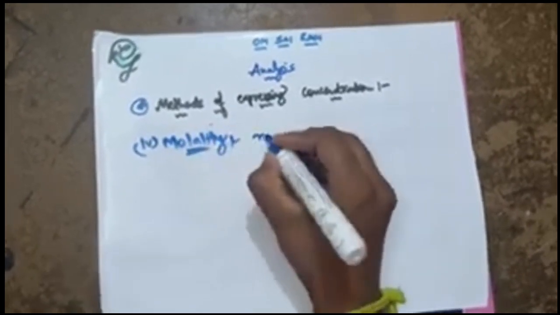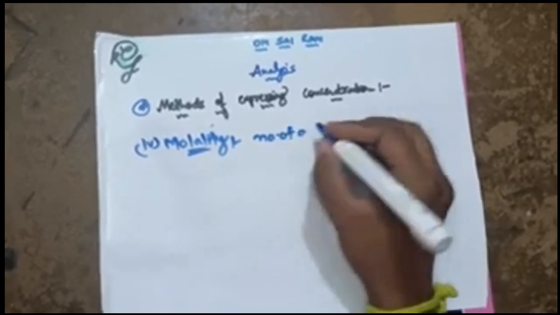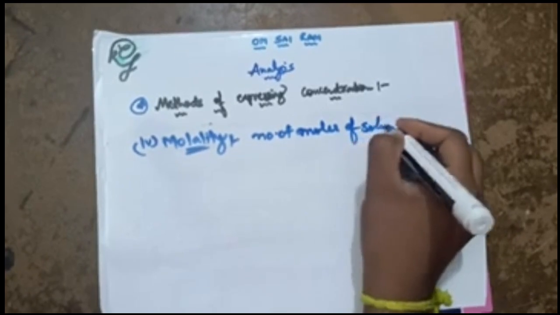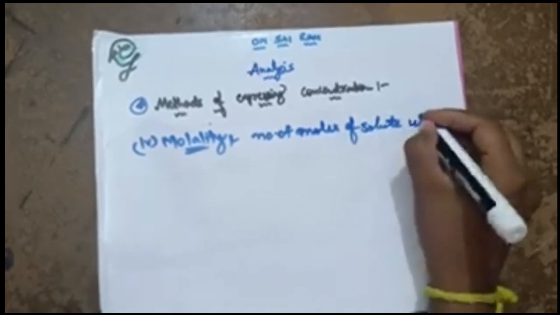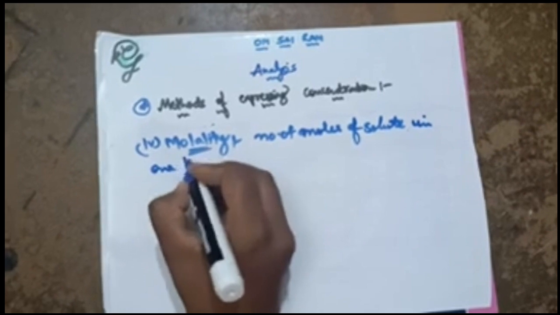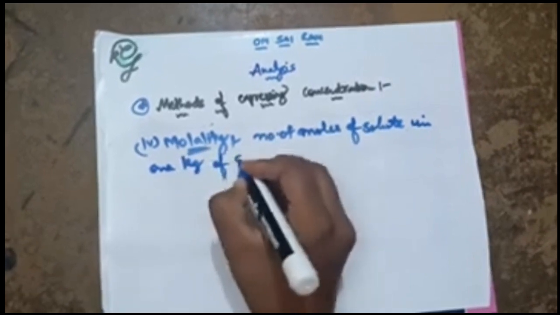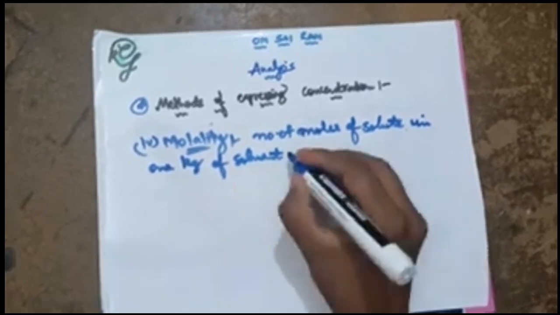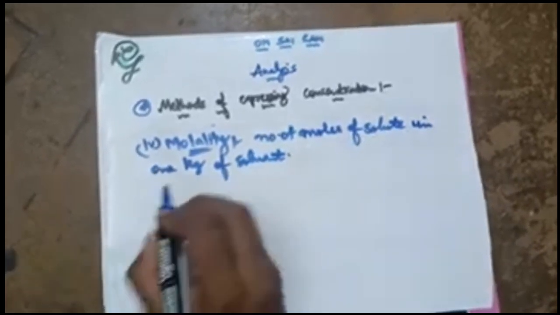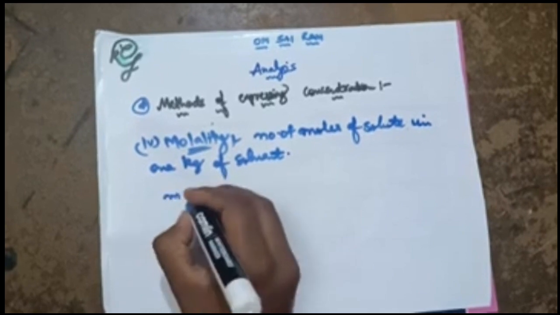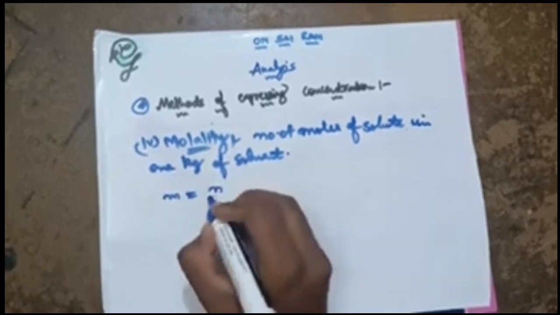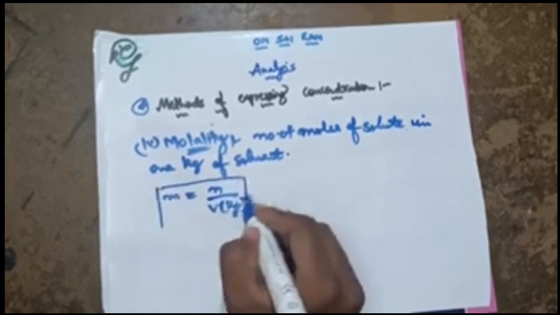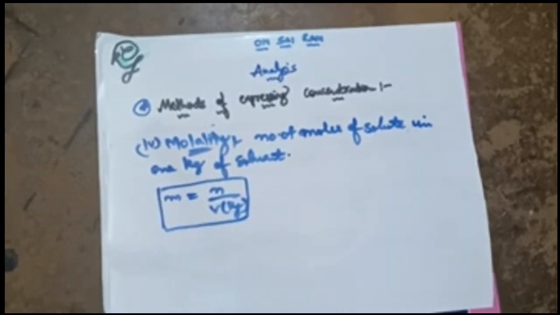Molality is the number of moles of solute in 1 kilogram of solvent, but not solution. You should remember that. It is usually expressed as small m, equal to number of moles by weight in kg of solvent, but not solute.